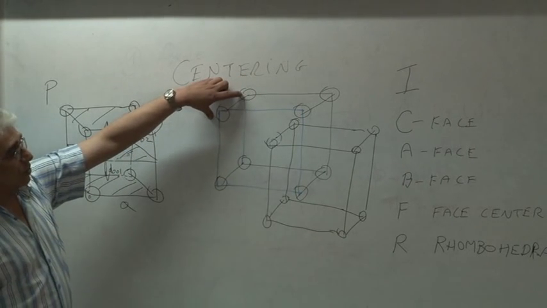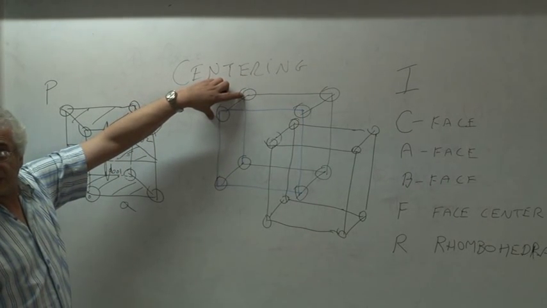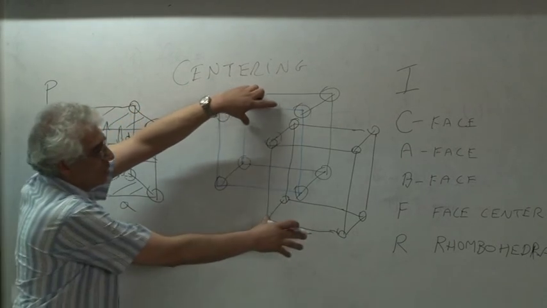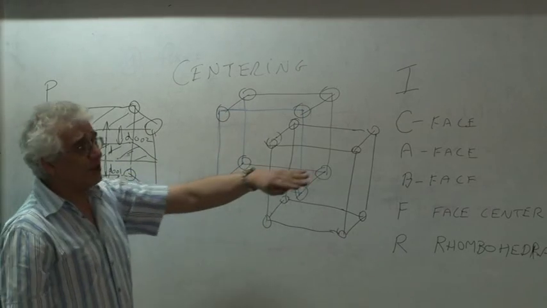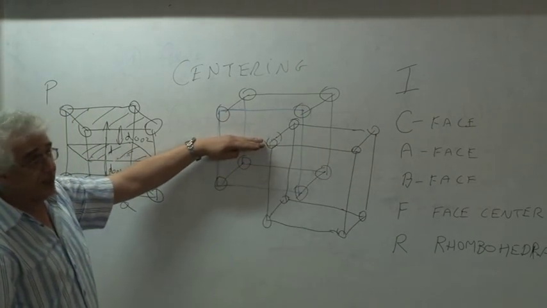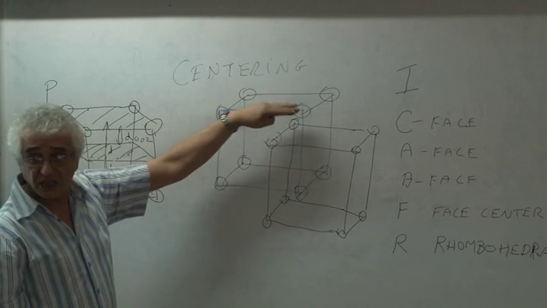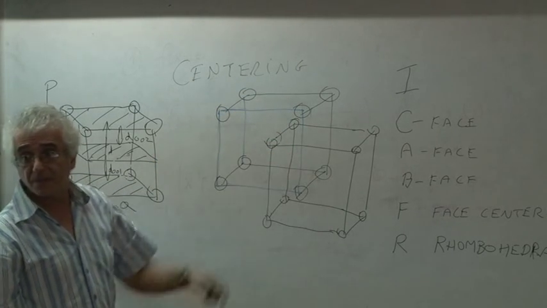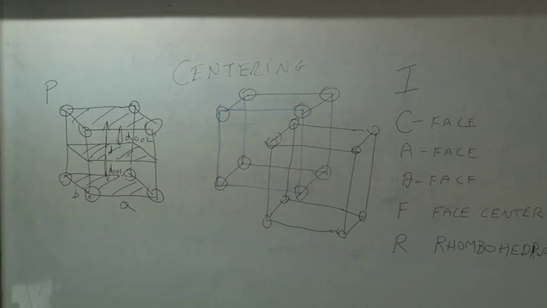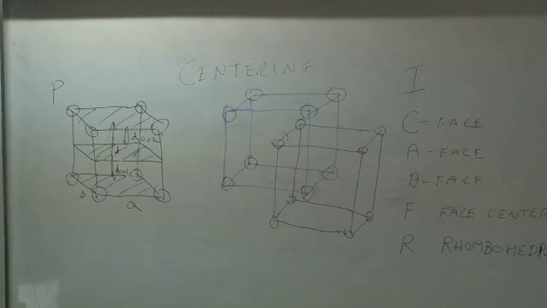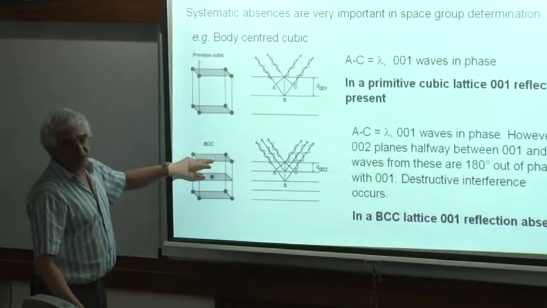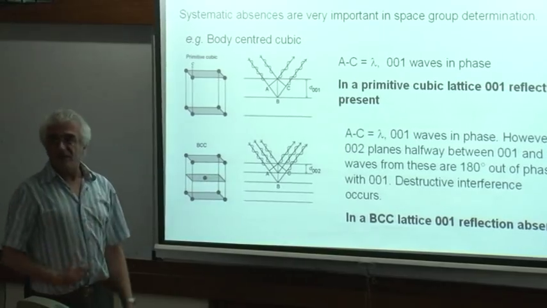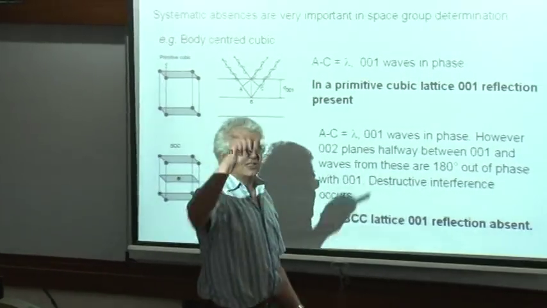So this has got two interpenetrating unit cells, both of which we could describe as primitive cells that interpenetrate each other. So there is actually no difference between this plane and this plane. The same number of atoms in both planes. What that means is that I have exactly the same type of plane as I have here, the same level of scattering from this plane as from this plane. But the distance between them is exactly half.